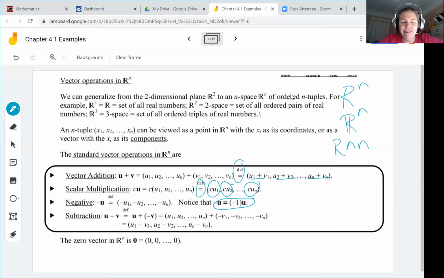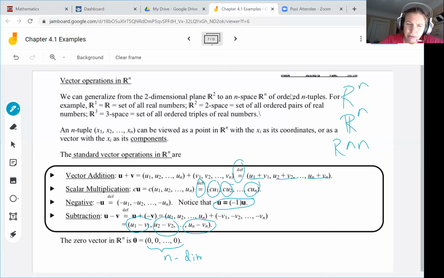And subtraction works the same way. Vector u minus vector v is still the same as saying vector u plus negative vector v. And so you're going to have each component be u1 minus v1, u2 minus v2, through the nth component being un minus vn. And the zero vector is just the same. It's n dimensions of zeros.